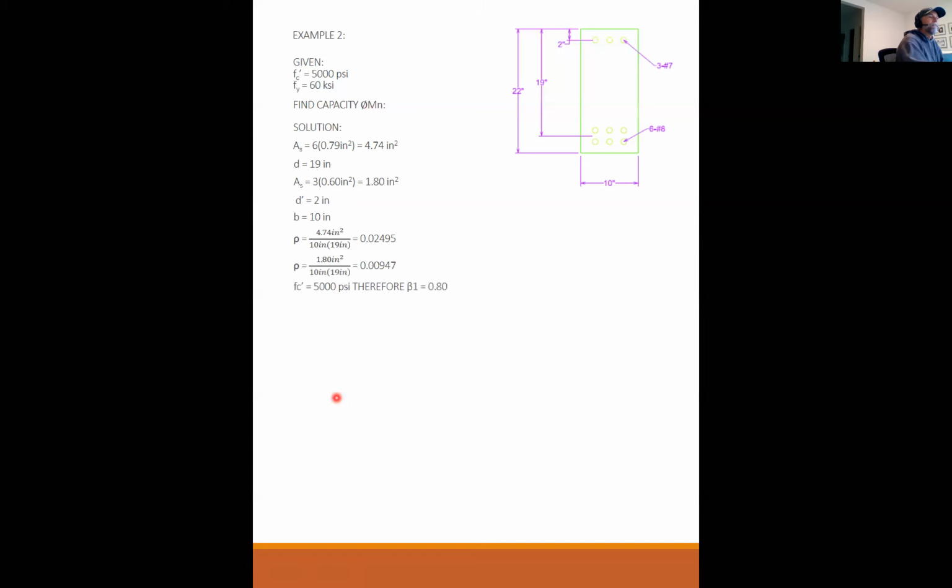F prime C is 5,000 PSI concrete, so therefore beta 1 is 0.8. You can find that in your table in the back. So we do our test. 0.02495 minus 0.00947 is equal to 0.1548.